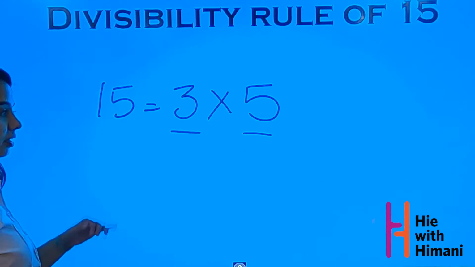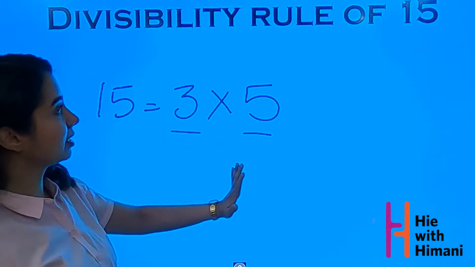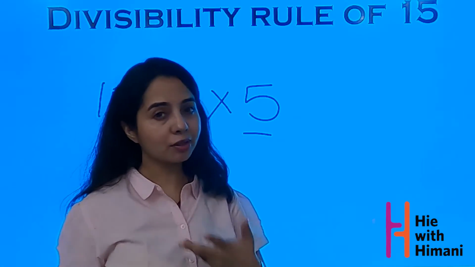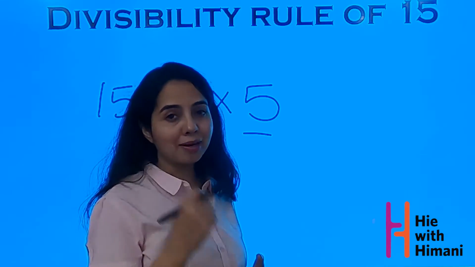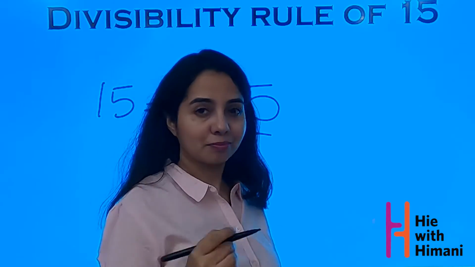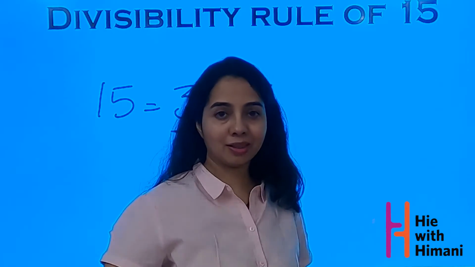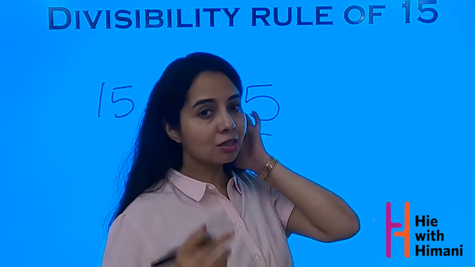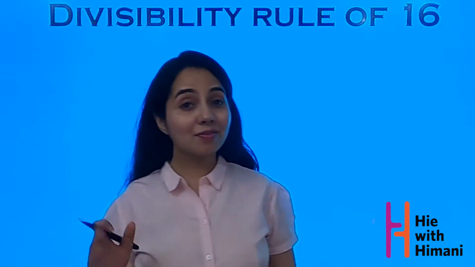Therefore, if a number is divisible by 3 and also by 5, then we'll say that the number is divisible by 15. I want you to do it on your own. Just check with other multiples of 15 and check the rule, because math is learned by practice, when it actually goes under your hand. So I hope you will practice all these things on your own. Try out with other numbers and see whether this rule is working for you or not.